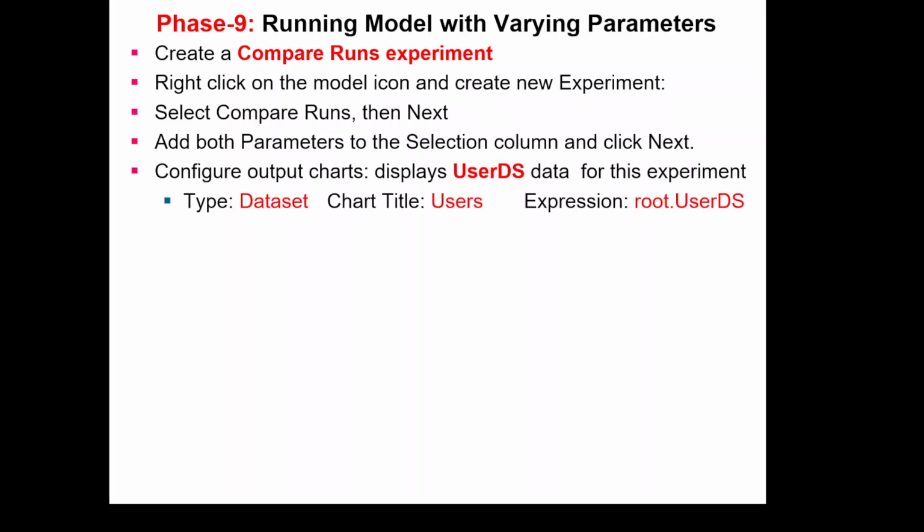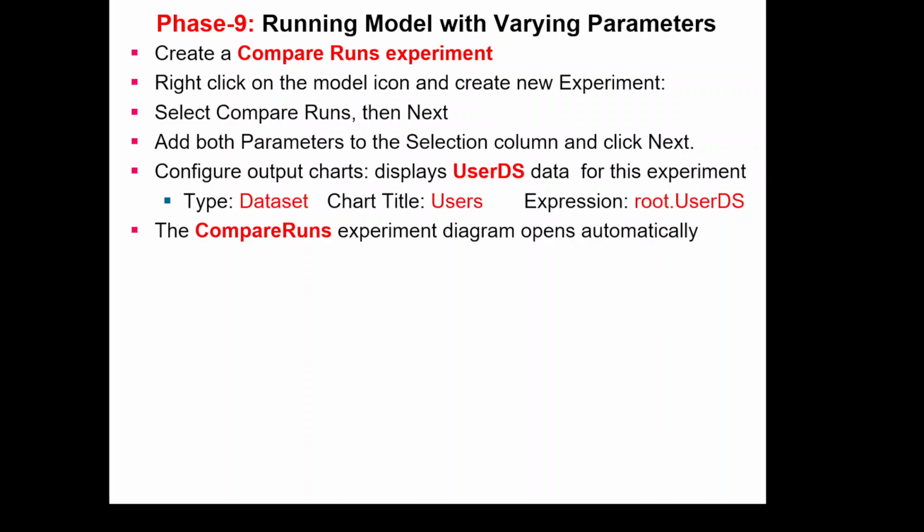We will make some changes in the value editors of parameters, and we can also change the labels if we want. Then we will use the compare runs experiment, which is a built-in AnyLogic experiment. We will create a new experiment, compare runs, add the parameters, and display the data which we have already stored in the dataset.